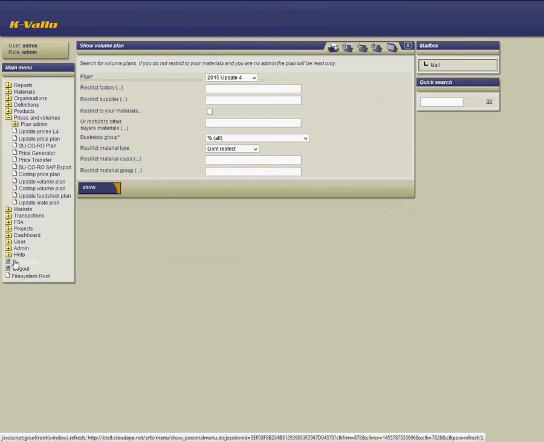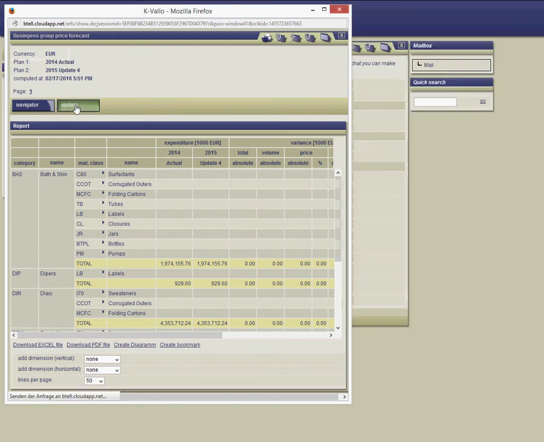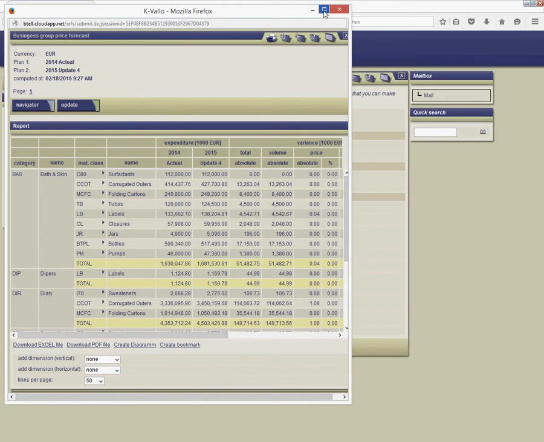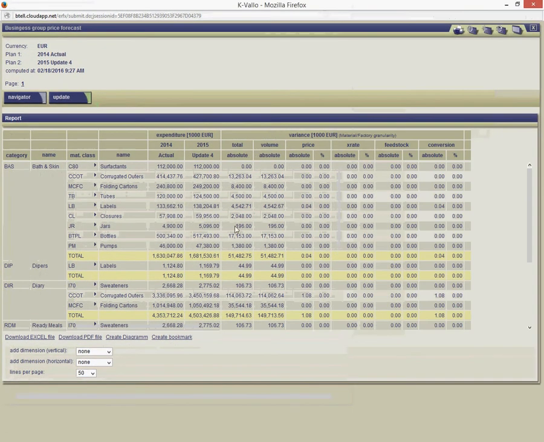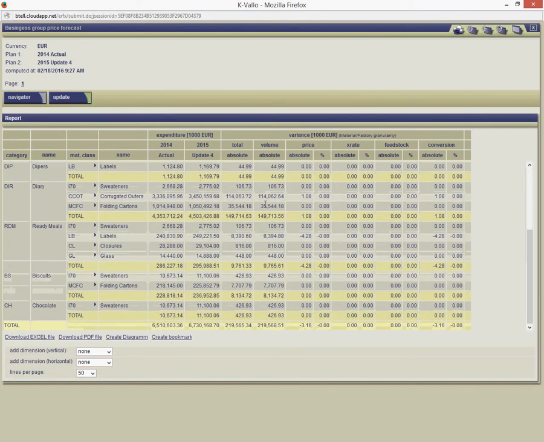We run the report, we make an update, and what you can see is the volume has increased. The total expenditure has increased by 219,000 euros, and all the increase of expenditure is attributable to a volume effect.